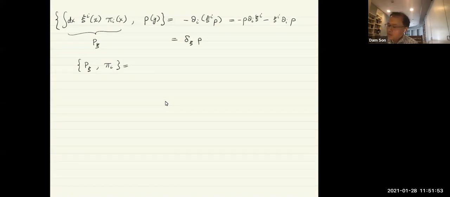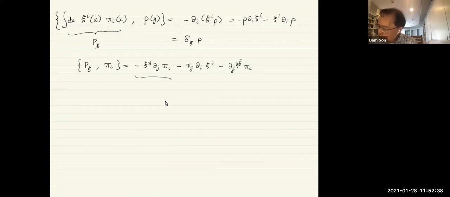You find that it is equal to minus xi^j d_j pi_i minus pi_j d_i xi^j minus d_j xi^j times pi_i, something like that.